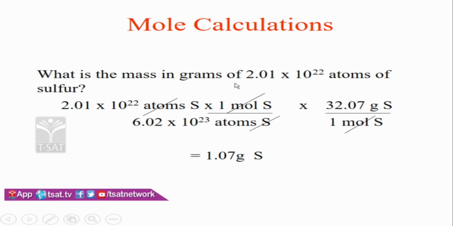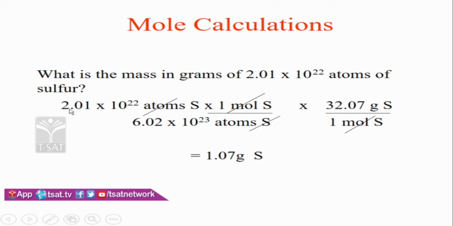What is the mass in grams of 2.01 into 10 to the power of 22 atoms of sulfur? Sulfur is given, and the number of sulfur atoms is given. We have to calculate the gram molar mass. In 1 mole of sulfur, we know Avogadro number of atoms will be present. So in this number of atoms, how many grams of sulfur will be present?